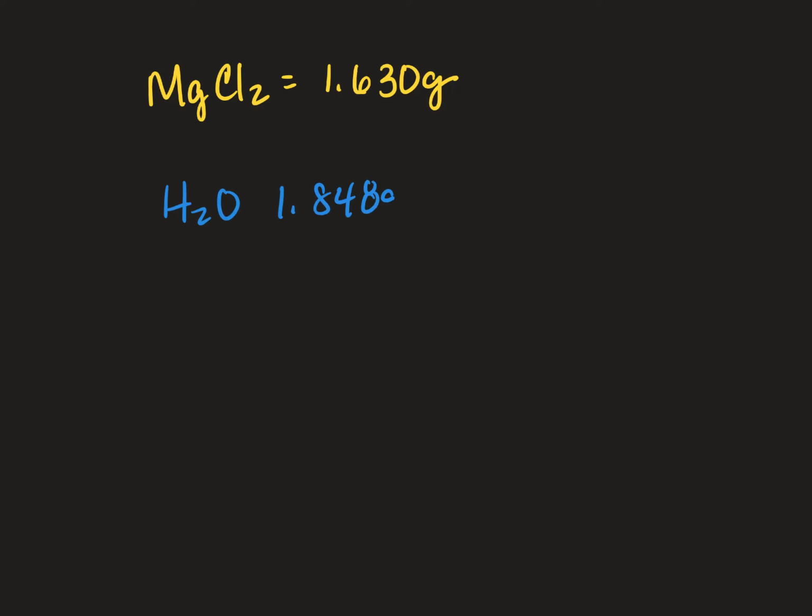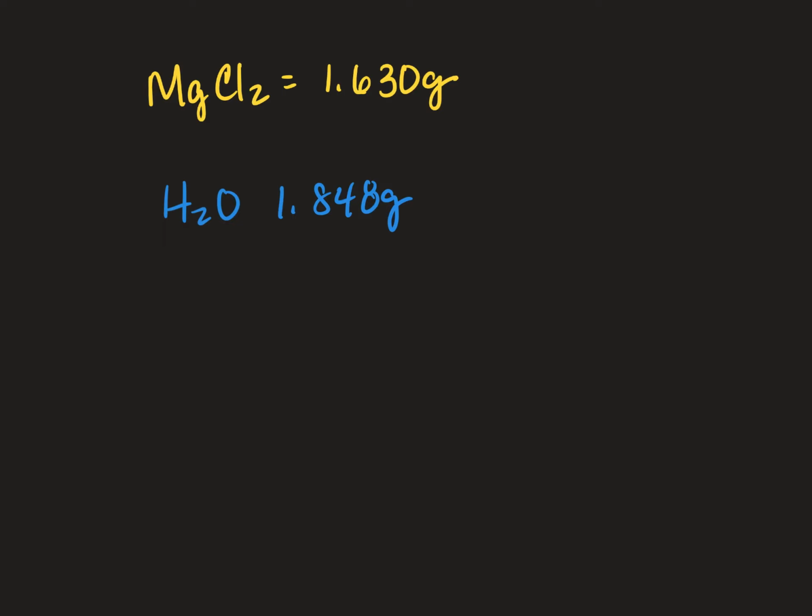Okay, so from the previous slide, we know that for the MgCl2, we have 1.630 grams, and for the H2O, we have 1.848 grams. So in order to find the smallest whole number ratio, we have to convert them both to moles.